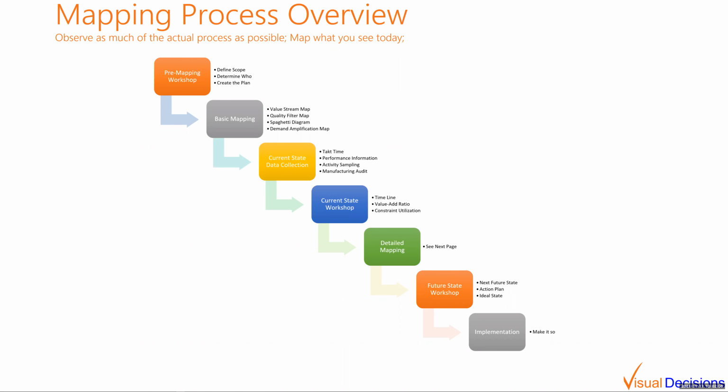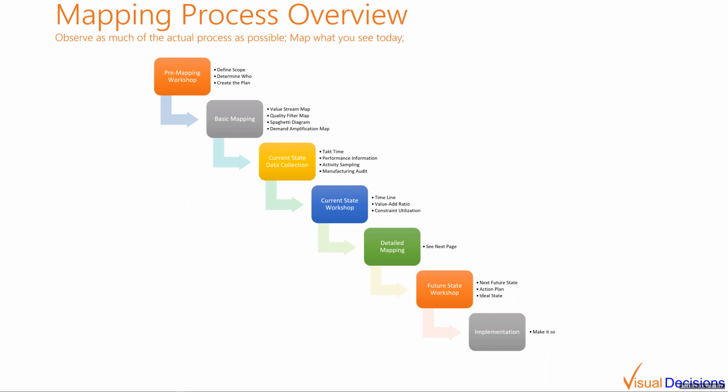The other typical steps in a kickoff involve determining who needs to be involved in the workshop, creating the plan for the exercise, and how it's going to be completed. Other steps may be some initial charting, such as a brown paper chart that gives a very rough, high-level flow of materials through the manufacturing process.